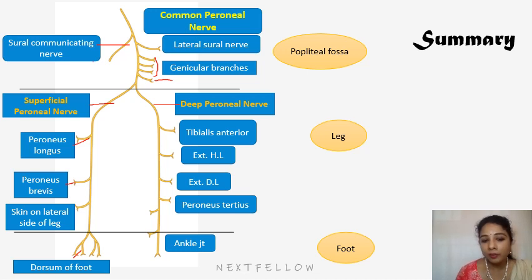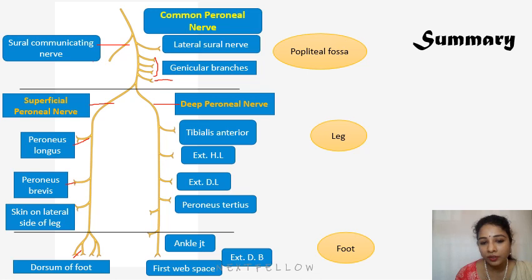It also gives some articular branches to the knee joint, and it further supplies extensor digitorum brevis, and finally it terminates by supplying the first web space, that is the lateral branch of it continues to supply the first web space. So this is the summary of common peroneal, superficial peroneal and deep peroneal nerves.